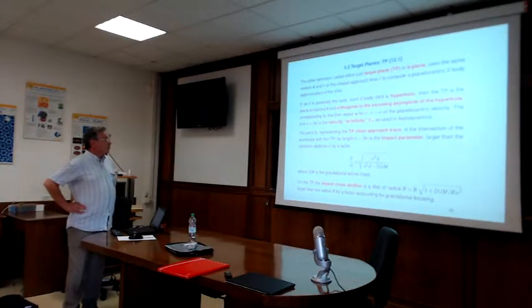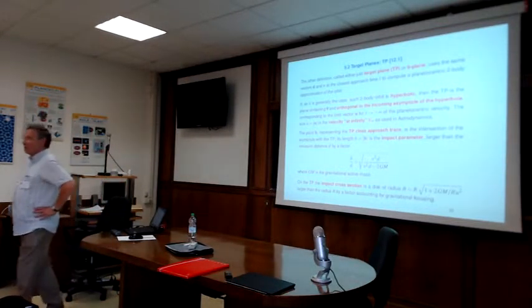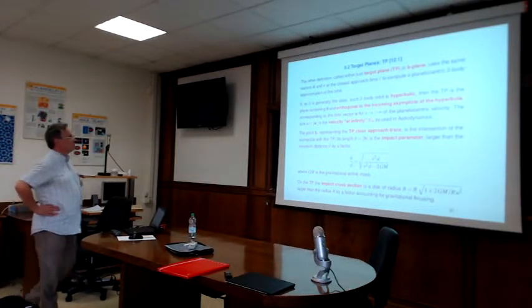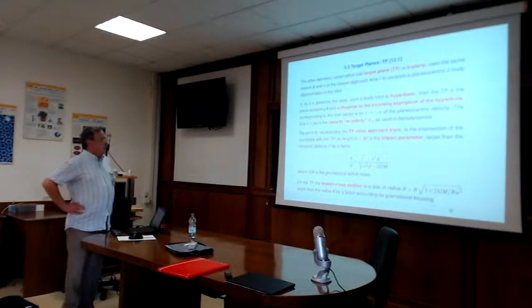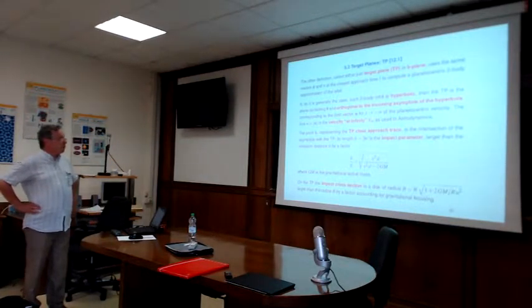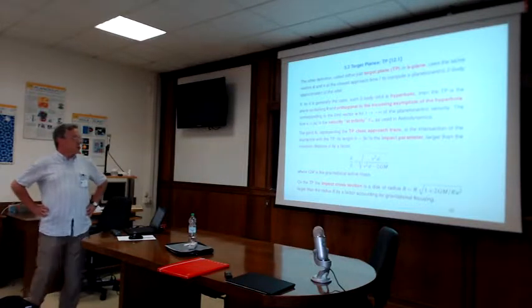So what you consider is the limit of the velocity for t going to minus infinity along the two-body orbit. What happens is that the point B, which represents the trace of the close approach on the target plane, is the intersection of the asymptote with the TP.